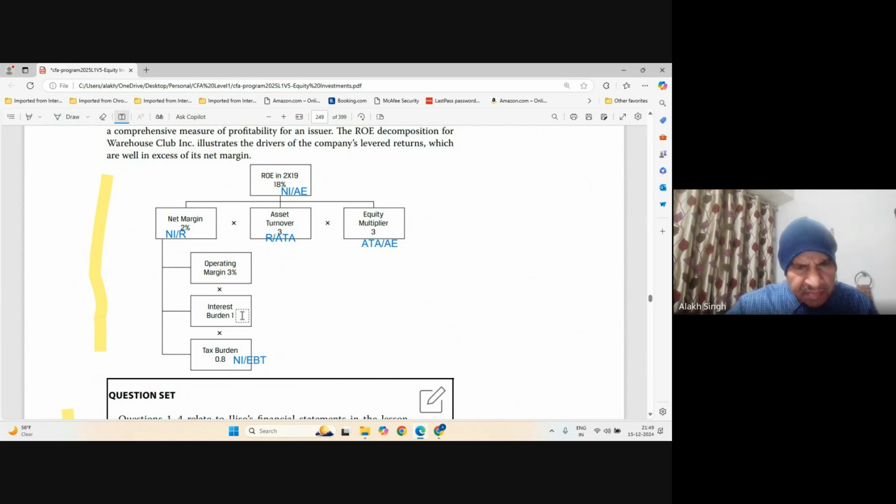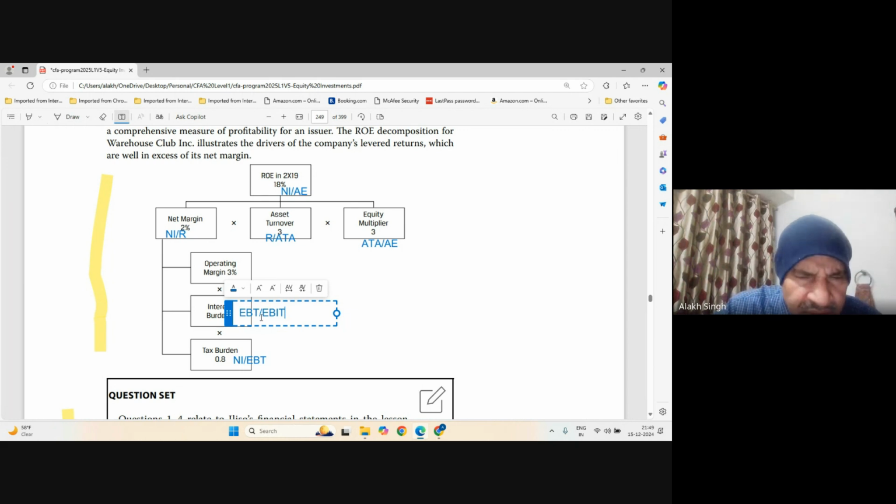EBT divided by total revenue, EBT divided by R. Okay, interest burden, yes. Let me see. EBT, earnings before taxes, then this and this will cancel, and this divided by EBIT. And then operating margin is EBIT by R.